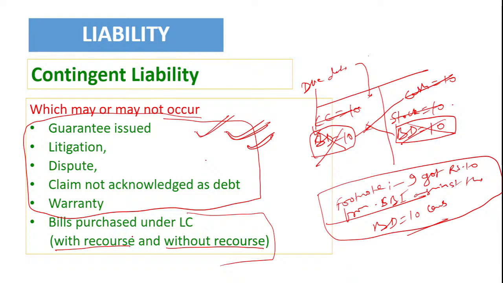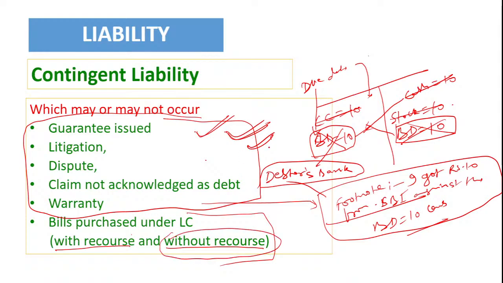With recourse means if the debtor's bank refuses to make payment on the due date, then the bank which has discounted the bill has the right to claim the amount from the company whose bill the bank has discounted. And without recourse means if the debtor's bank refuses to make the payment, then the bill discounting bank will not have any right to claim the amount from the borrower. So that is called with recourse and without recourse.